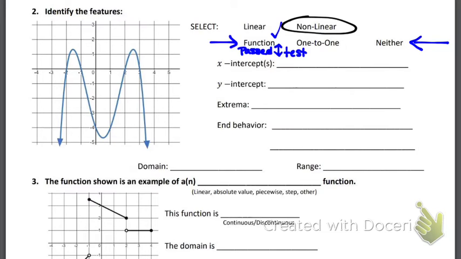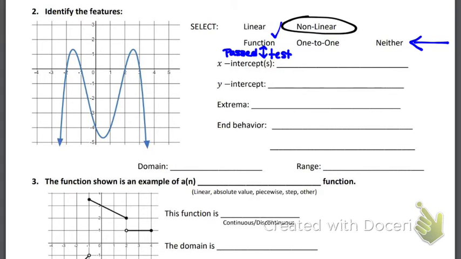I don't want to circle function yet though, because if it is one-to-one, that means that it's also a function. So I'm going to go and check that piece next. To check to see if it's one-to-one, again, it has to pass vertically first, or else it's just neither. To check one-to-one after it's passed this way, I turn my line the other way.